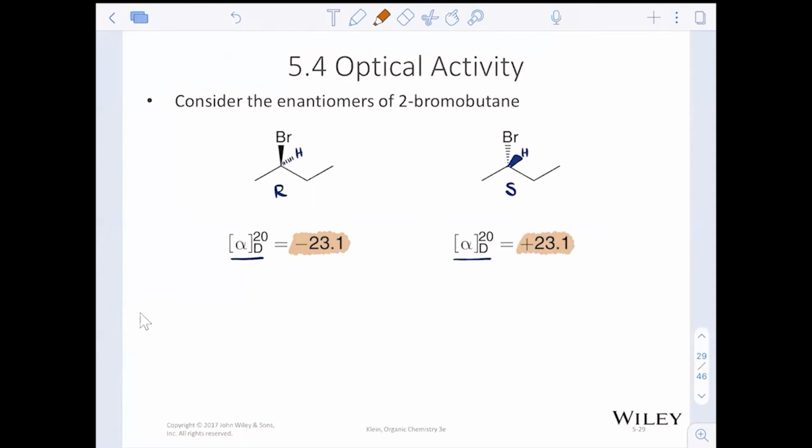The plus and minus sign is what tells you if it's to the right or to the left. Notice how the R for this one is a negative 23.1 degrees and the S is a positive 23.1 degrees. That tells you that these are enantiomers.